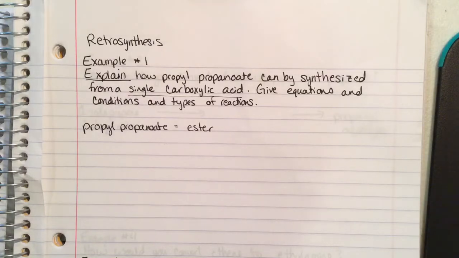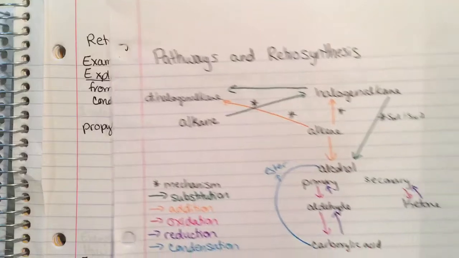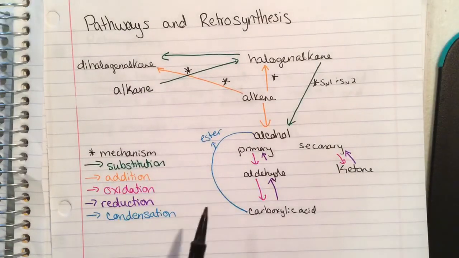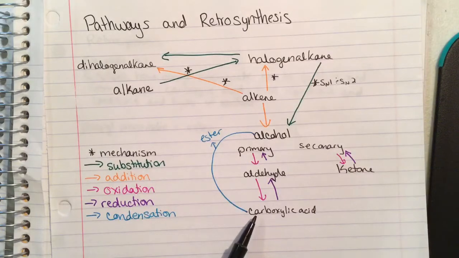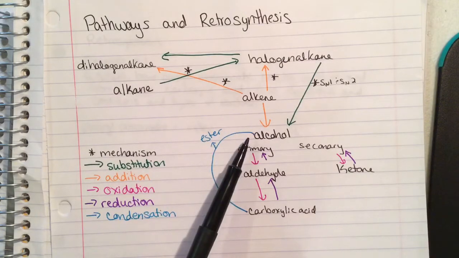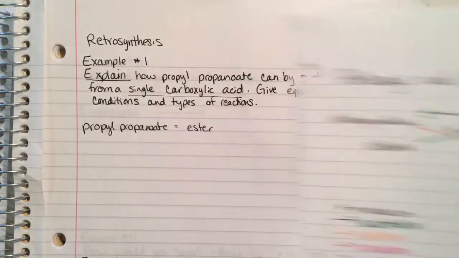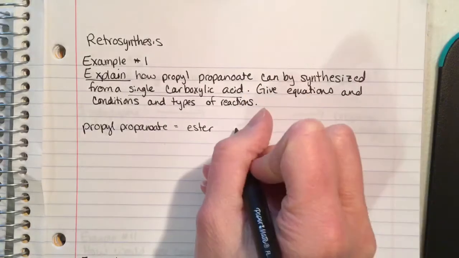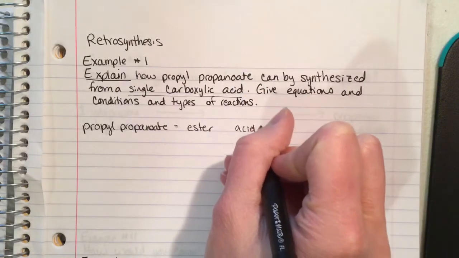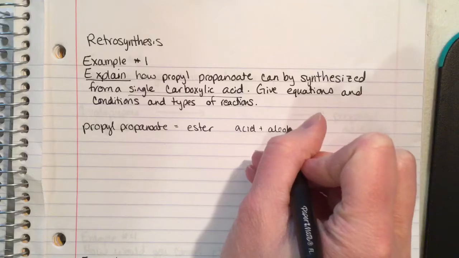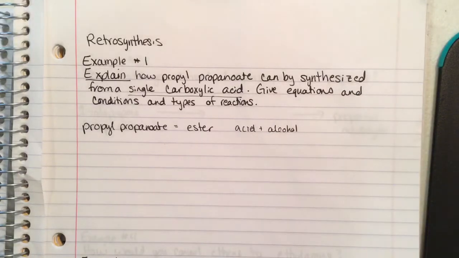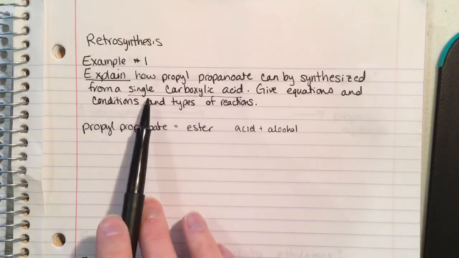Okay, well, now that I know that it's an ester, I'm going to go to this handy dandy little pathways chart that I made before. And in order to have an ester, I need a carboxylic acid, which I have, and an alcohol. So esters are made by an acid and an alcohol. All right, well, I have the acid, and it's telling me that I only have one acid.